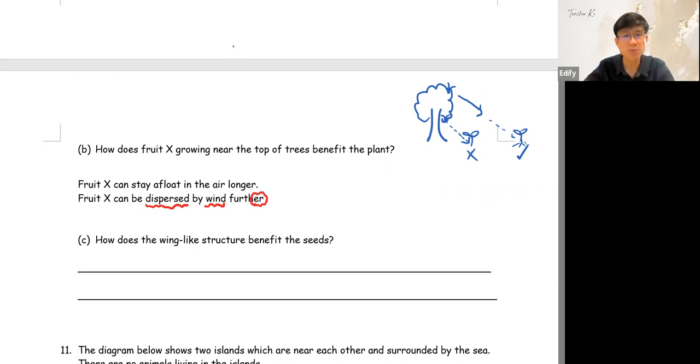So how is dispersing by wind further an advantage? Why do you want to disperse far away?